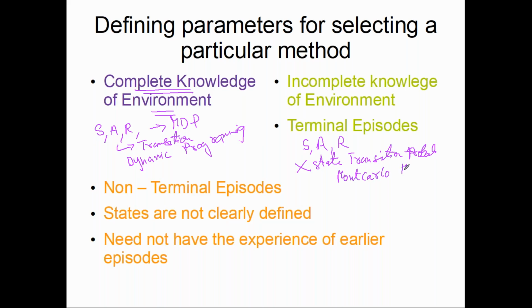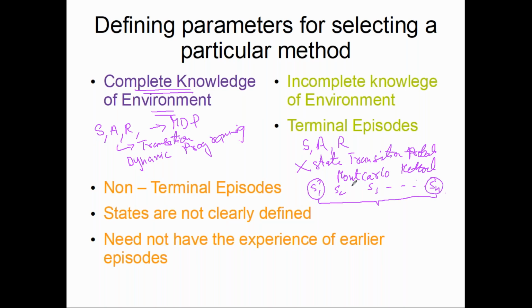Now, when the state transition probability is not known, but we know the whole sequence of states till our goal, S1, S2, S3 up to Sn, and we are aware of the actions and the reward that has been reaped, this refers to a terminal episode, a sequence where we have a start state and a terminal state.